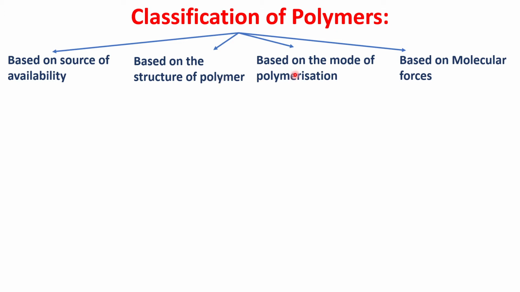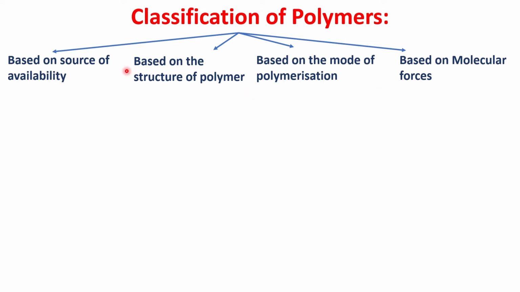The third category is based on the mode of polymerization. This includes the mechanism of how monomers join to form polymers. And the last one depends upon the molecular forces. Depending upon the intermolecular forces between the monomers, there is another category.